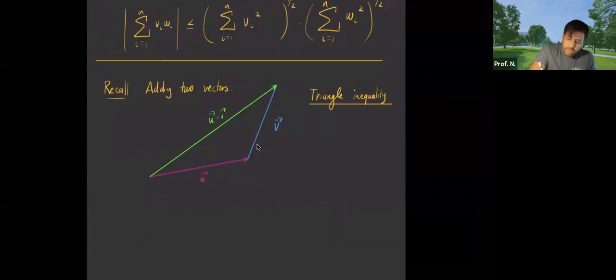So you see how we're going from algebra to geometry, we're just bouncing back and forth. So does anybody remember what the triangle inequality states? Anybody?